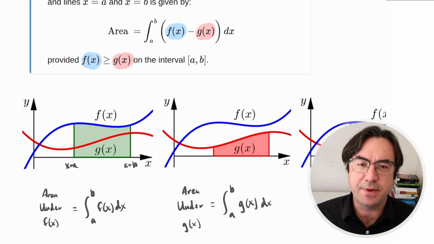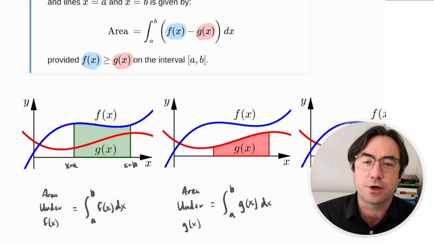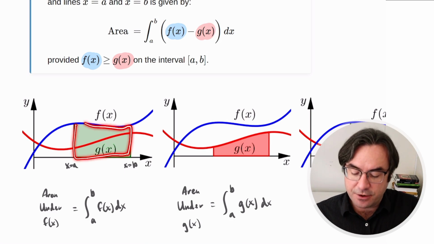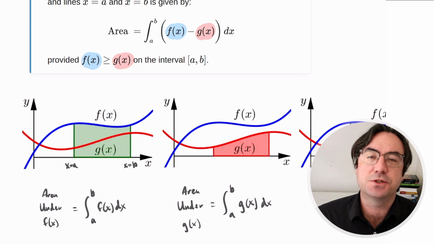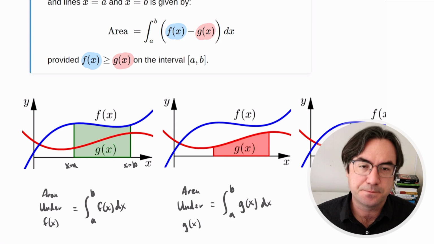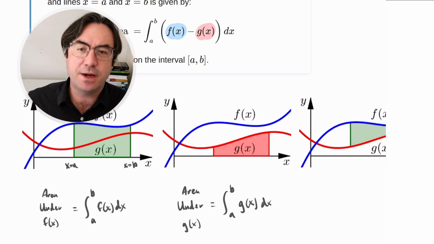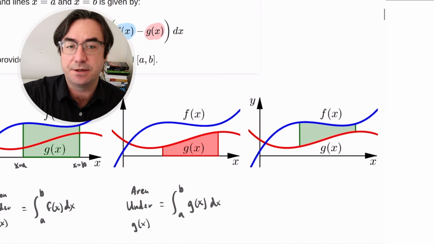All right, so what happens? Well, when we're trying to find the area in between two curves, we don't want the entire region under function f. We want to throw out this region that's also under g. And this is what's going to give us our desired region.